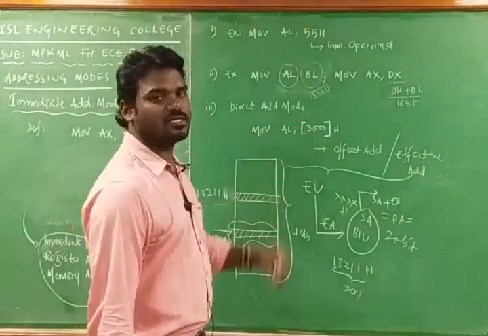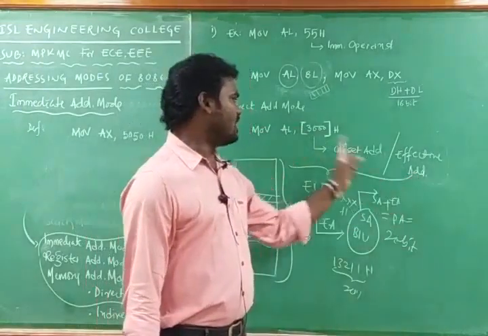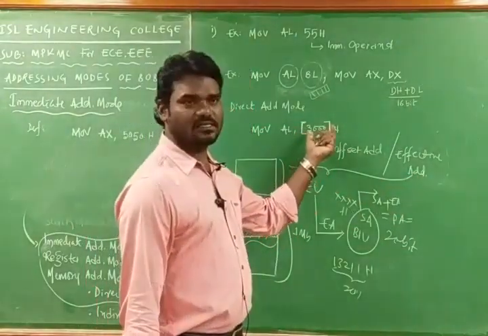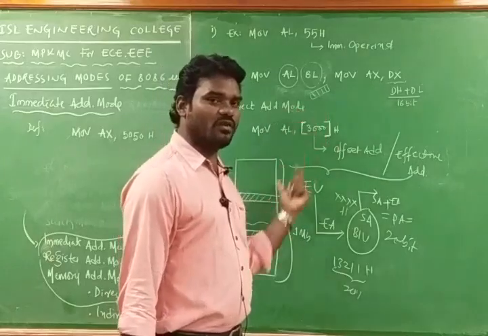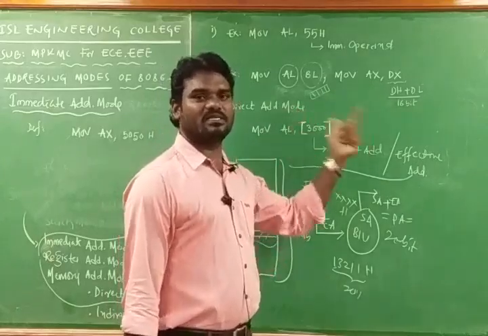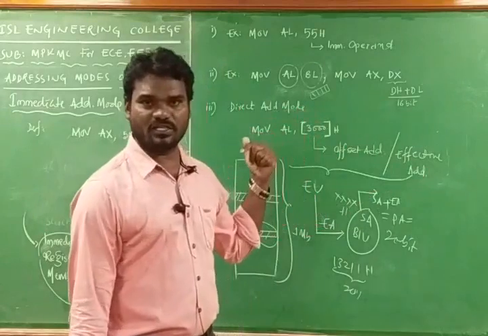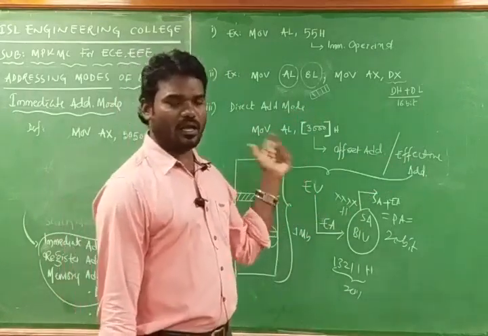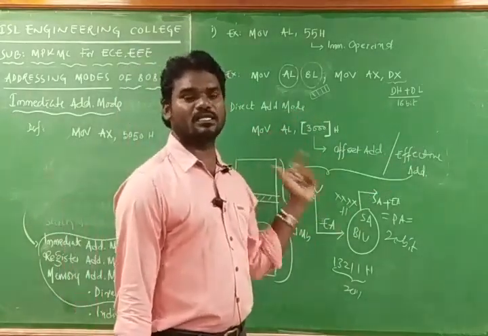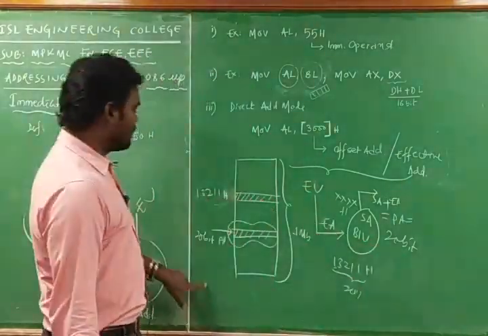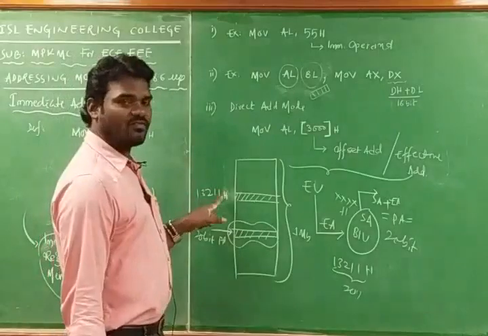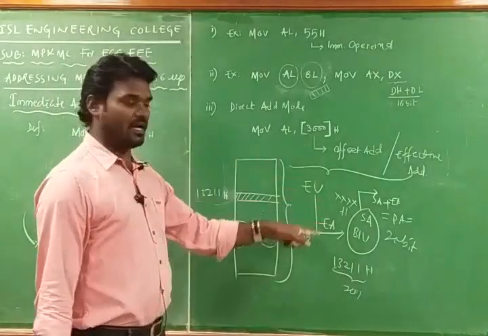This offset address is also named the effective address, and this effective address is there in the execution unit, so the execution unit will give this offset address to the bus interfacing unit, where we have the segment address. The offset address and the segment address will generate the 20-bit physical address, and that physical address will identify one location in the 1 megabyte of memory.